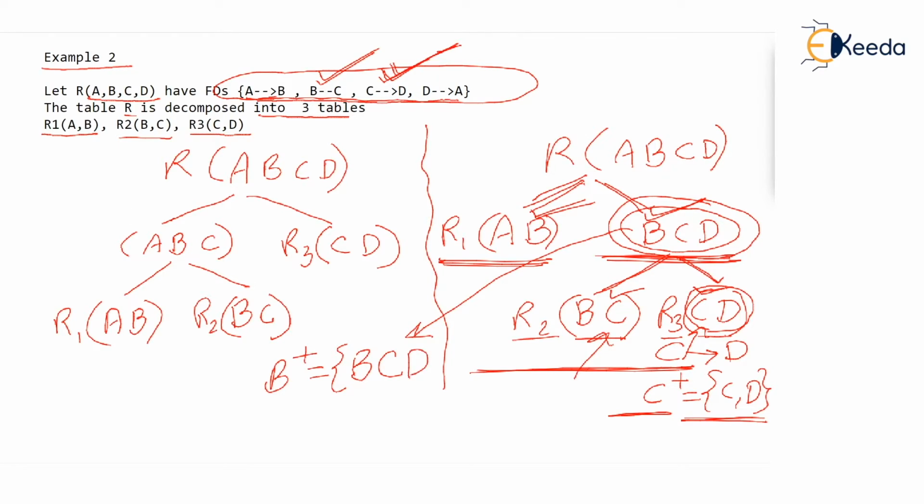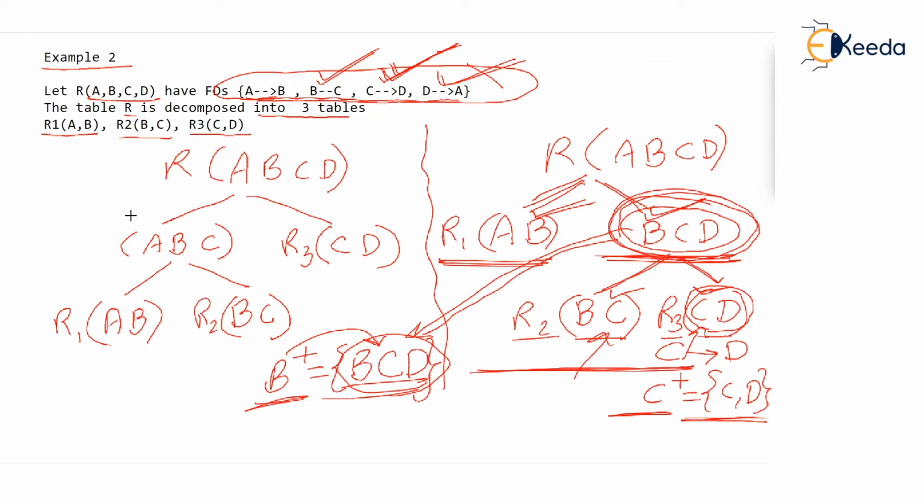You can see that actually A will also come in, but that's not needed because B closure is containing BCD, and BCD are all the attributes of that second table which I am talking about. So B has the ability alone to determine all the attributes. That means B is the candidate key of the given table, and B is the common attribute.